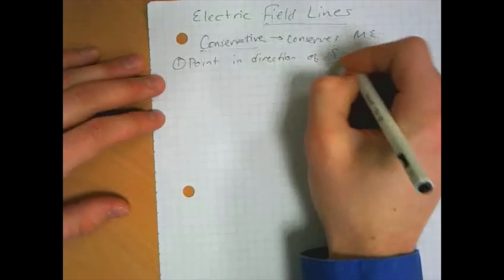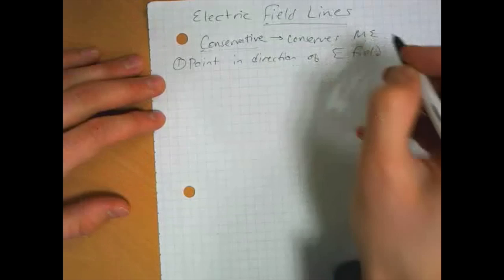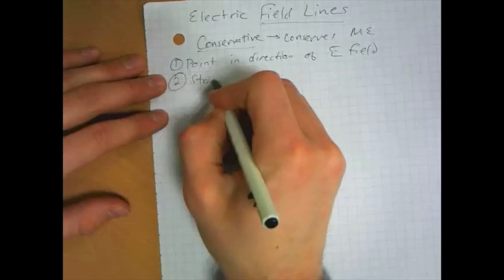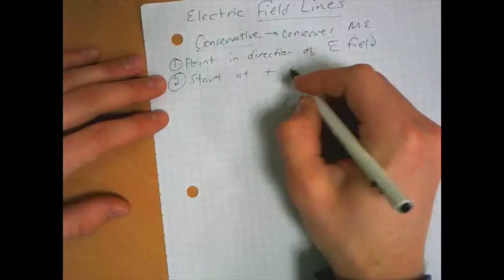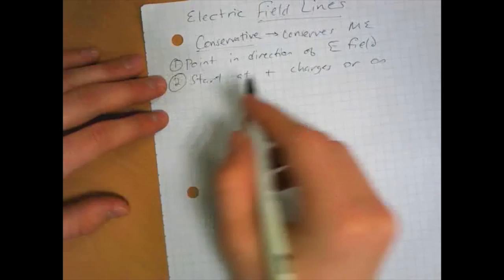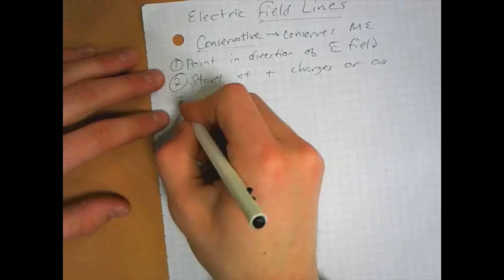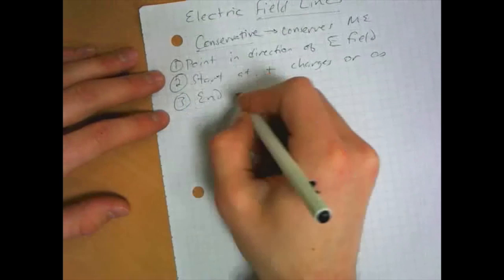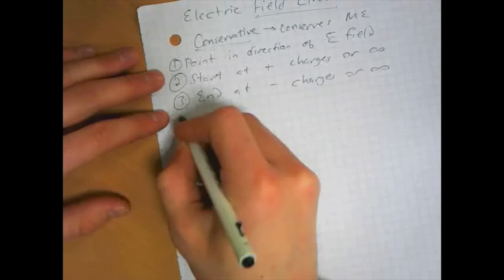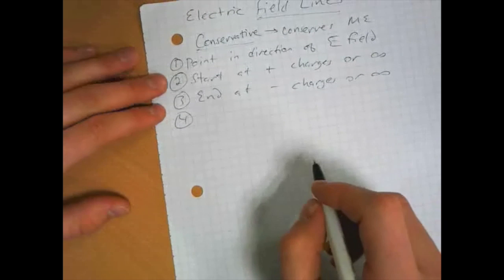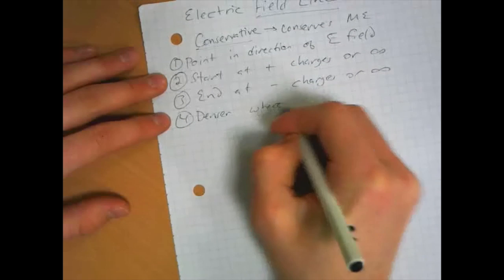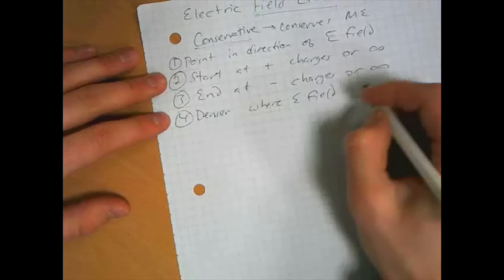And I'll give you some examples of what this looks like. Point in the direction of the E field. They start at positive charges or at infinity, and then they terminate at negative charges or infinity, and they are denser where the E field is greater.